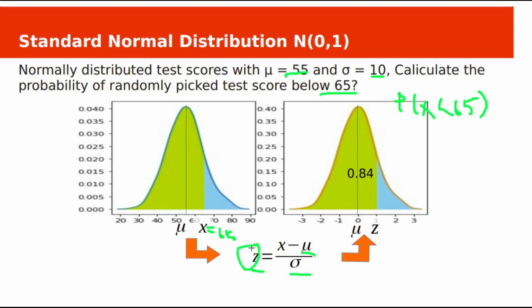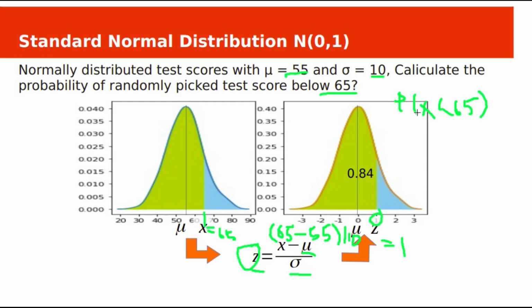This z will have a standard normal distribution, meaning its mean will be 0 and standard deviation 1. Here the mean is 55, but this z will have a standard normal distribution. In this case, 65 minus 55 by 10 is 1.